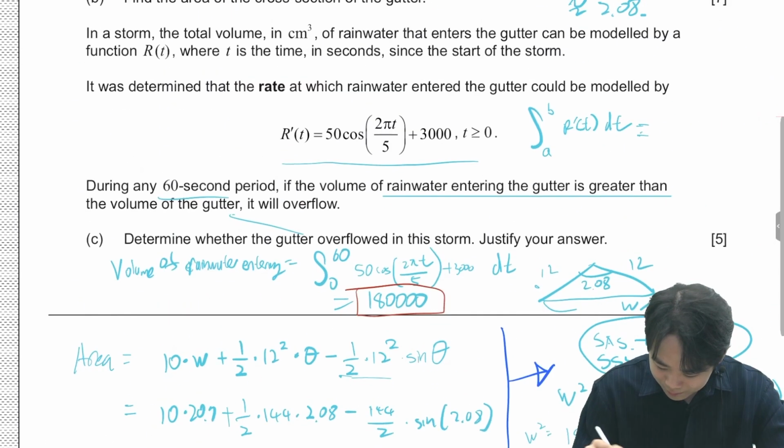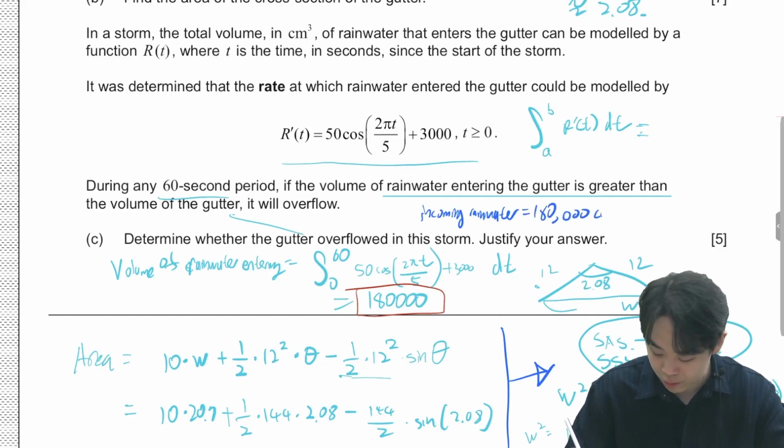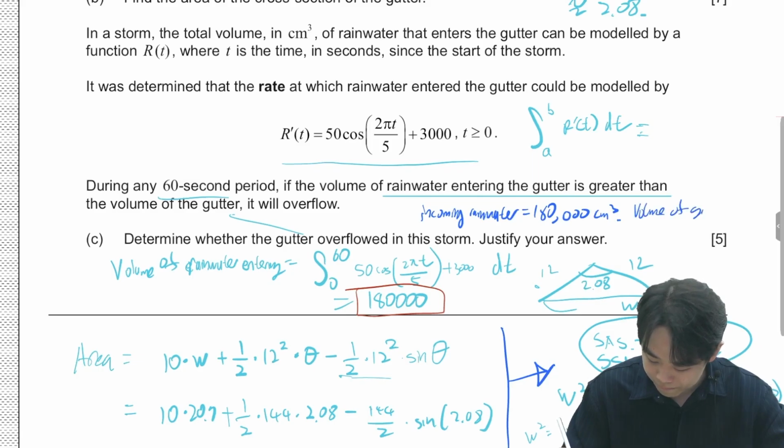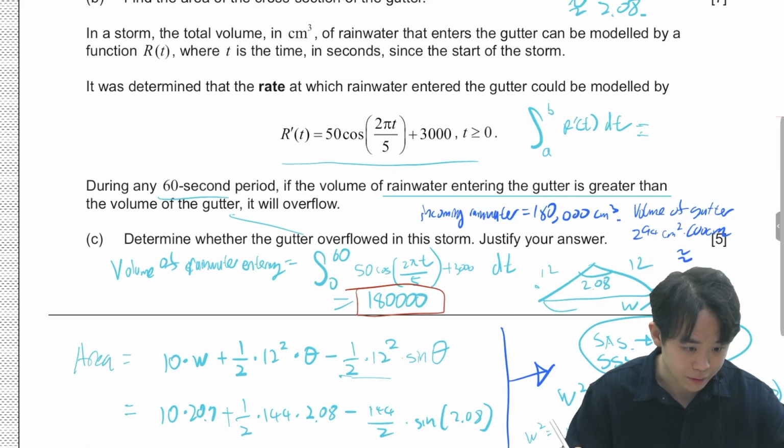So back to our point here on C, right? So the incoming rainwater is 180,000, 180K cubic centimeters. The volume of the gutter was 294 centimeters squared times 600 centimeters. That's roughly less than 180,000.